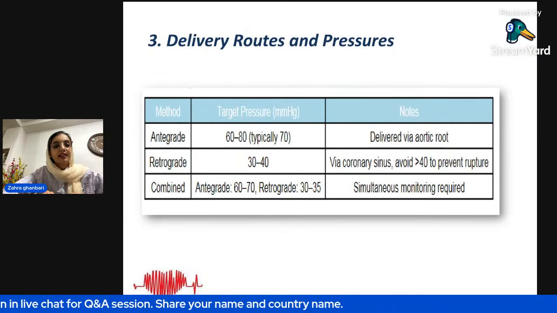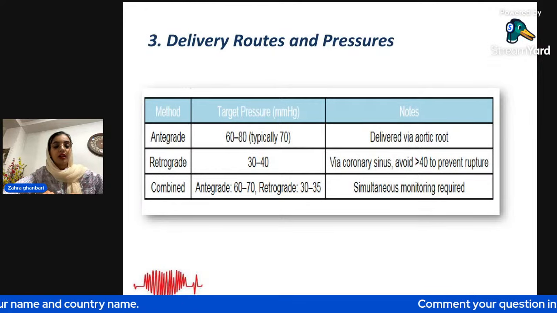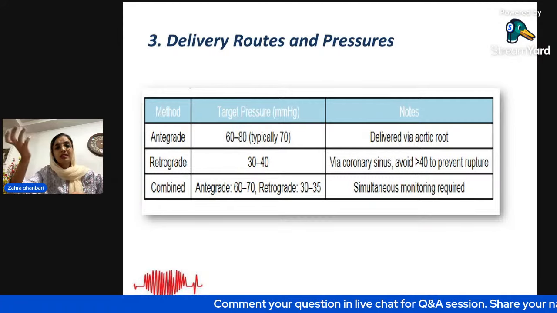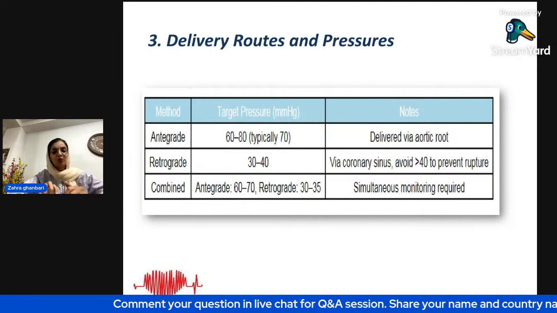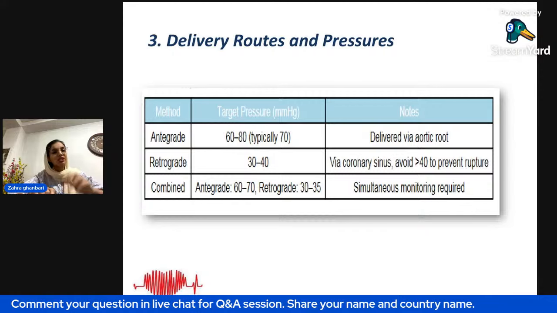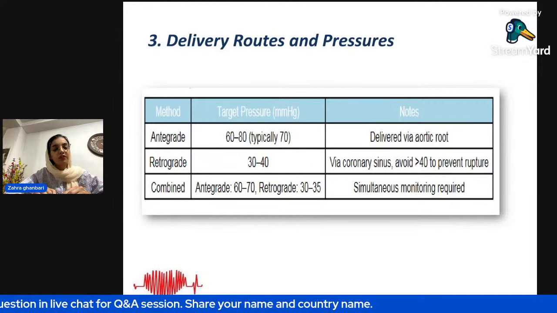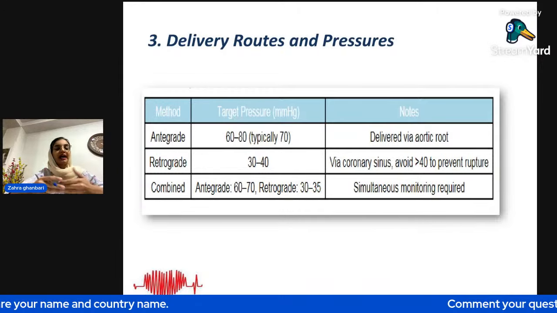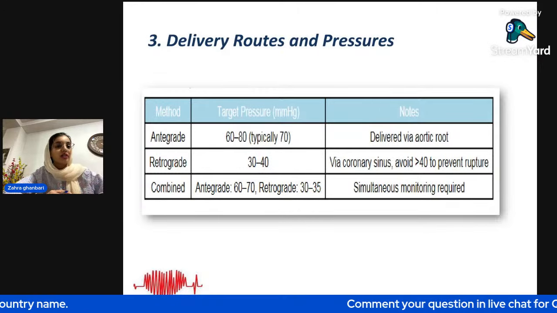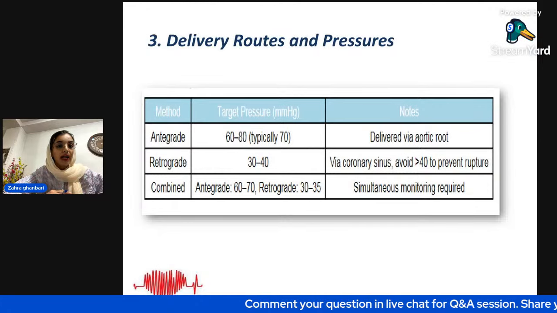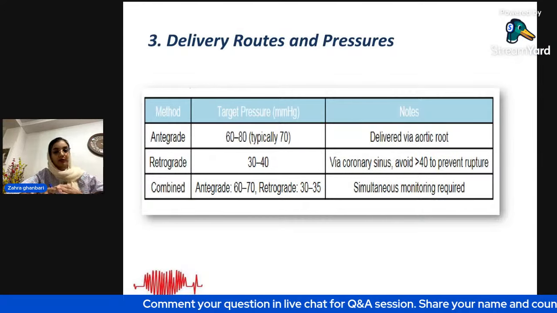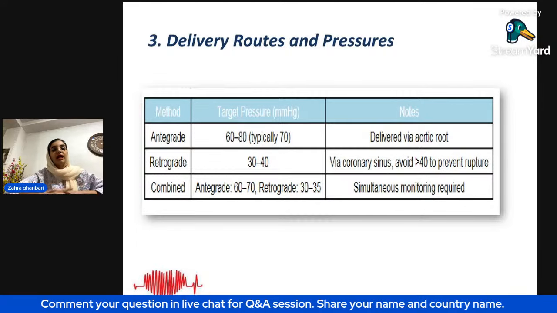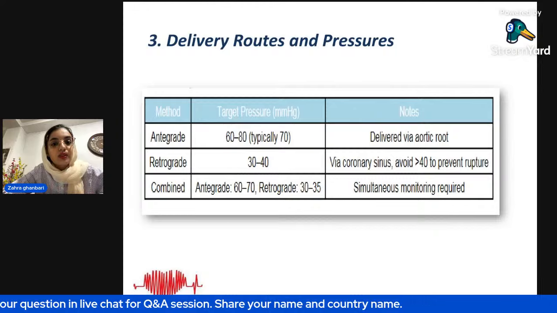We inject cardioplegia solution via the coronary sinus, flowing backward through the venous system into the coronary arteries. The pressure of this method is so important because the risk of rupture in veins is actually more than in arteries. And for other methods, such as combined antegrade and retrograde, simultaneous monitoring is required.